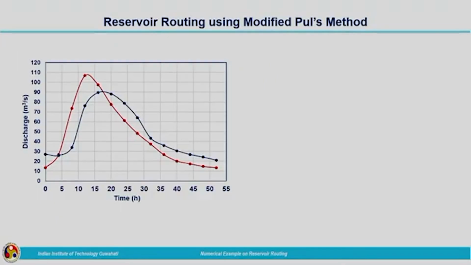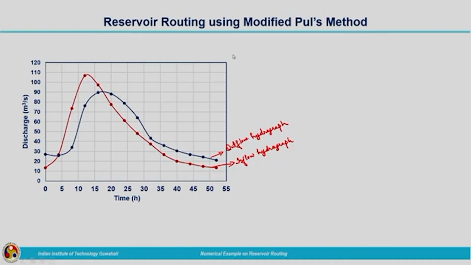The outflow and inflow hydrographs can be plotted like this. Red one is the inflow hydrograph, and the blue one is the outflow hydrograph.